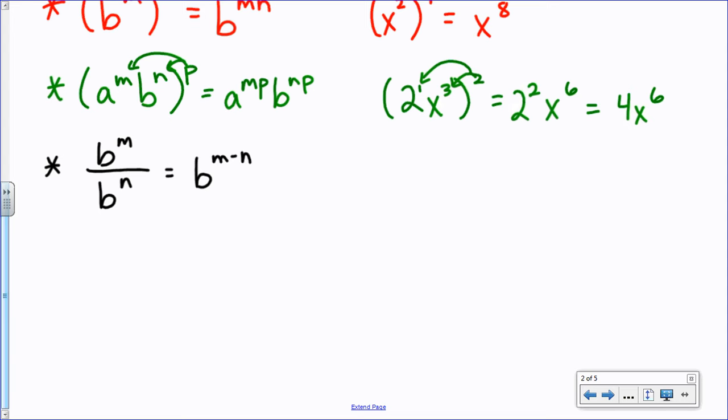You're always going to subtract top minus bottom. Okay, so you always go top minus bottom. Even if it gives you a negative, you always start at the top. So x to the 10th over x to the 7th would be x cubed. Good. 10 minus 7 is 3.